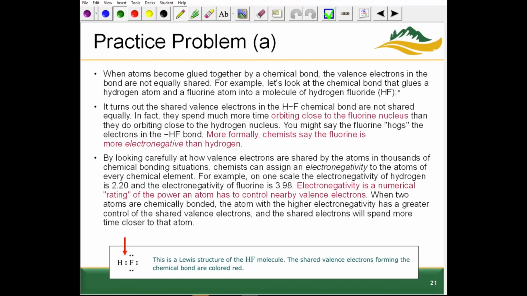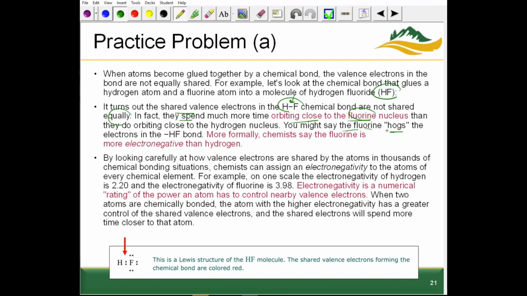And so we've looked at HF quite a bit. It turns out that the shared valence electrons in the HF bond right here are not shared equally. In fact, those electrons spend much more time orbiting closer to the fluorine nucleus because fluorine is way more electronegative. So we could even say that fluorine sort of hogs the electrons in that HF bond.